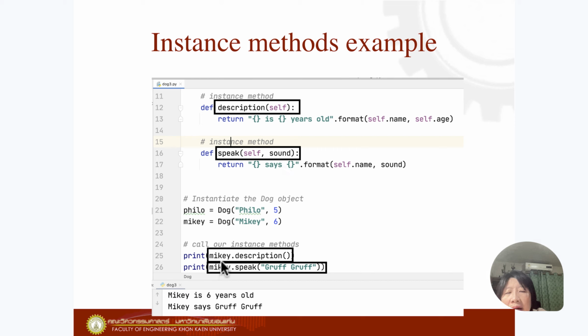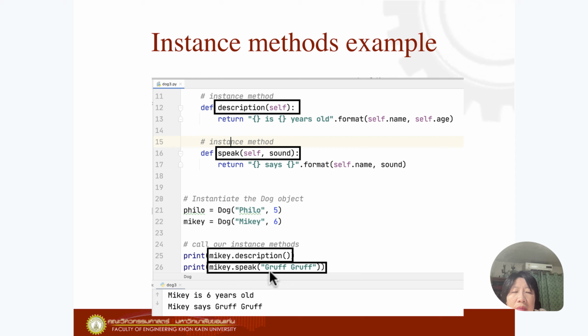But when we call the instance method, we actually don't call with self. Here, description doesn't have any other parameters besides self, so when we call it, we just call description without any parameter.